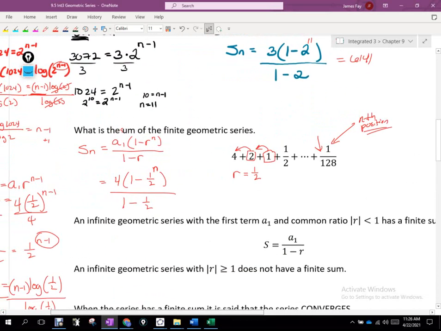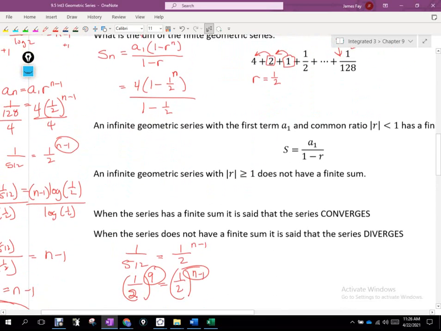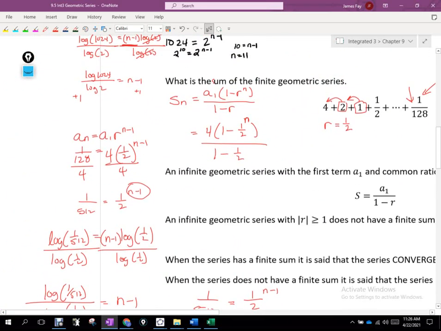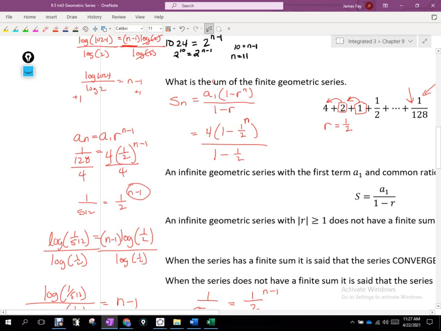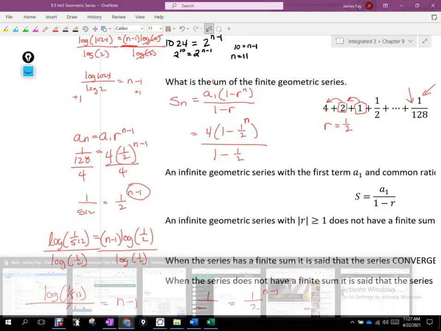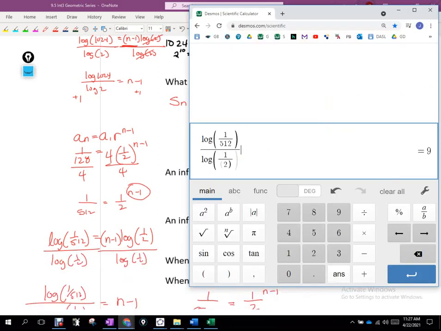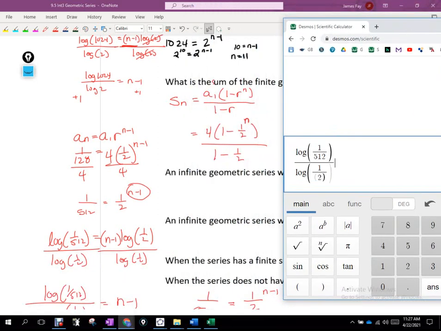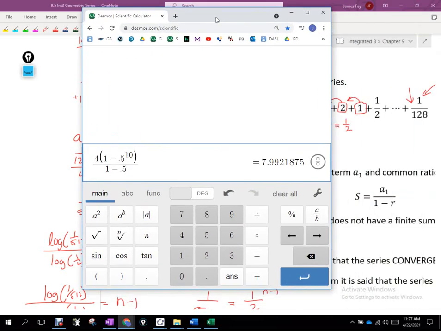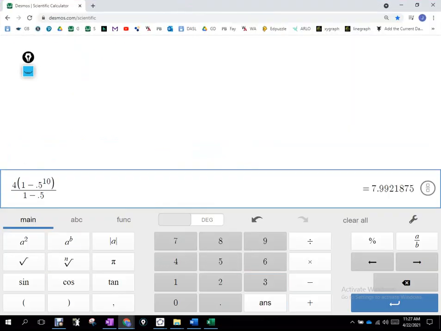Now we know that n was 10, right? So I'm just going to plug in 10. We would have 4 times 1 minus 1/2 raised to the 10th, then divided by 1 minus 1/2, and all that's going to add to that number right there.